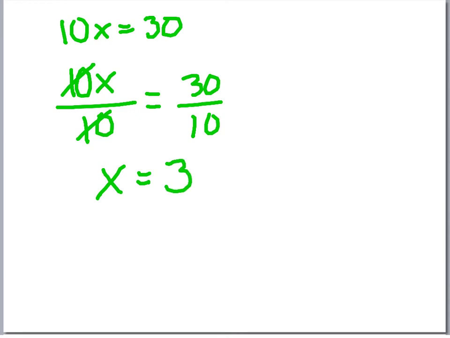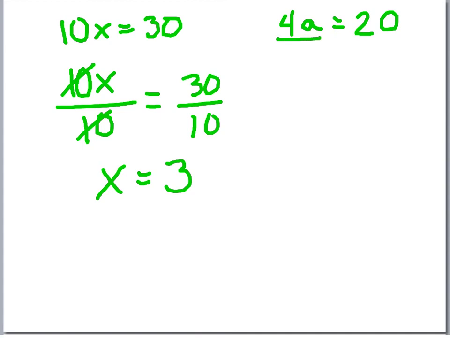Again, it's really easy when you look at it to do it in your head, but we've got to get this practice down to get this foundation. Let's do another one of these. Let's try 4a equals 20. Alright, so we know 4 times what equals 20? 5. Let's just see how this works out here. To get rid of the 4 times a, we're going to divide by 4, right?